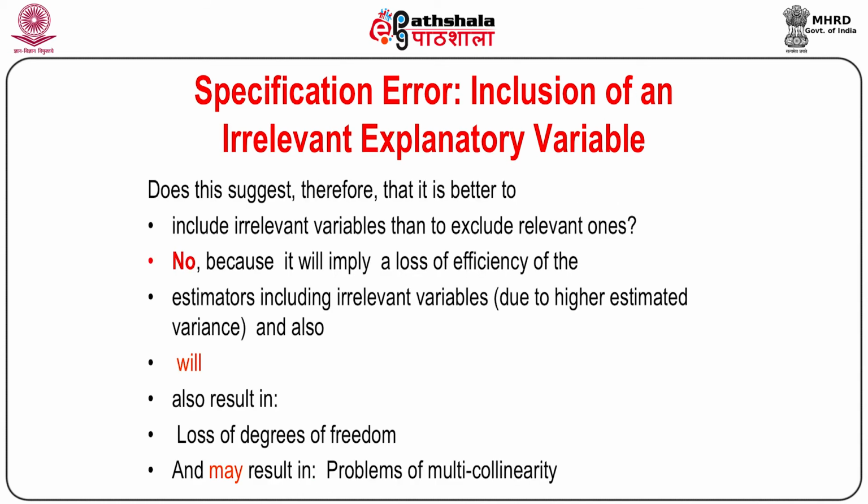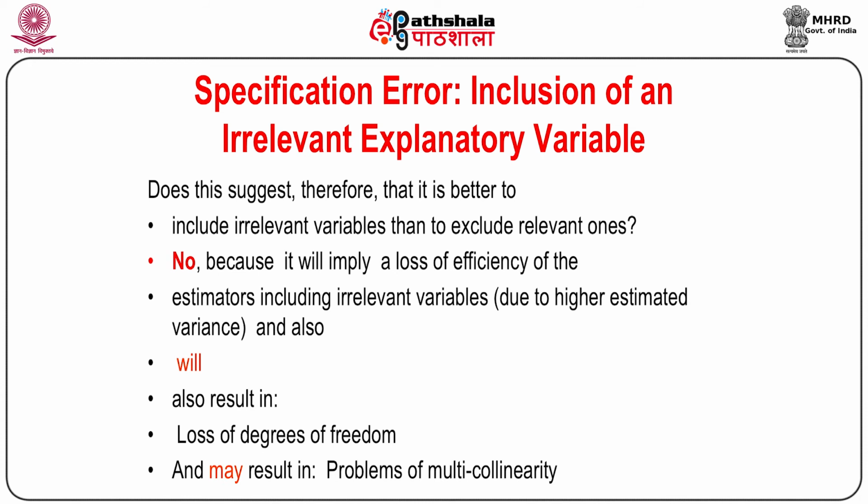So, does this suggest that it is better to include an irrelevant explanatory variable than to exclude a relevant one? No, because including an irrelevant explanatory variable will imply a loss of efficiency of the estimator due to higher estimated variance, and also will result in loss of degrees of freedom.